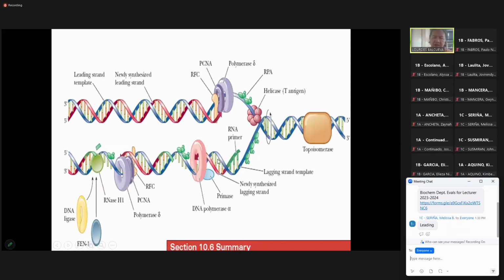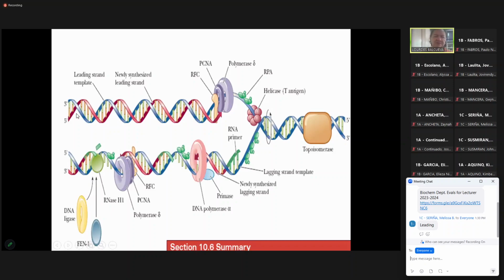Polymerase epsilon for the lagging strand, and polymerase delta for the leading strand. So yun ang gagamitin natin, no? Polymerase delta for the leading strand, polymerase epsilon for the lagging strand.